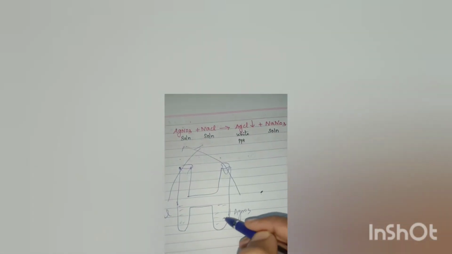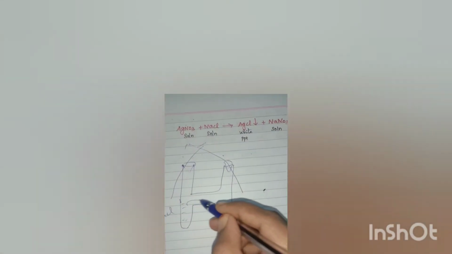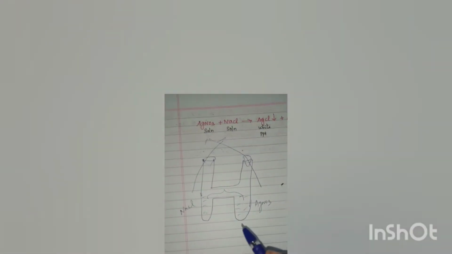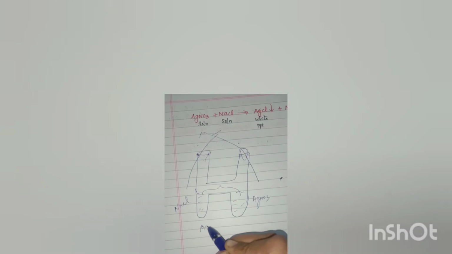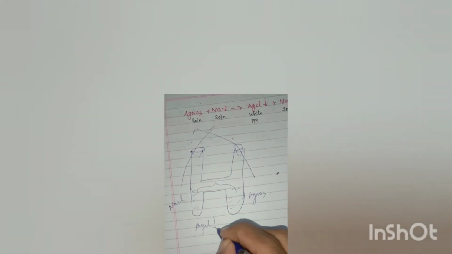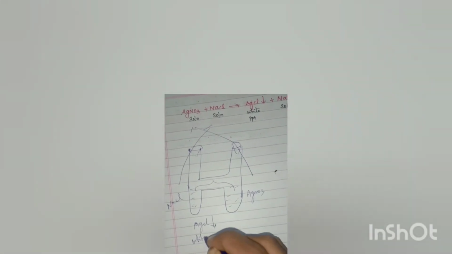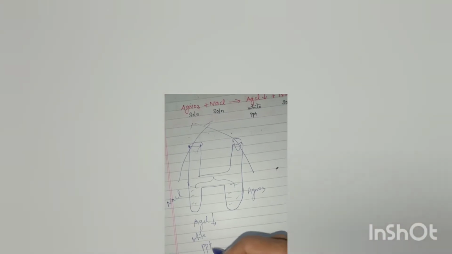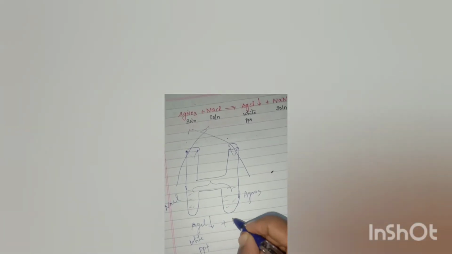The mouth of the H-shaped tube is closed using a cork. Then the tube is inverted and the two solutions mix with each other. Then a white silver chloride precipitate is obtained and sodium nitrate solution is formed.